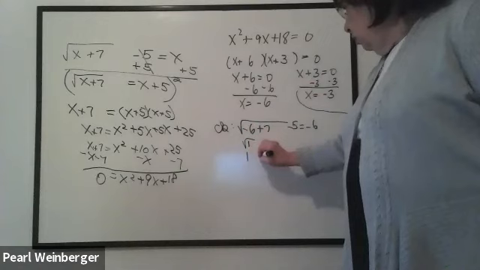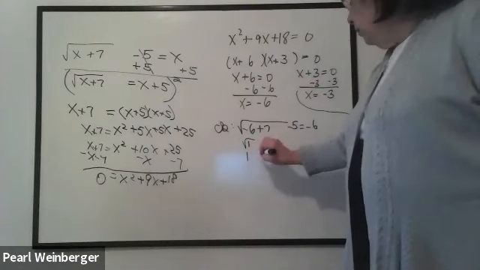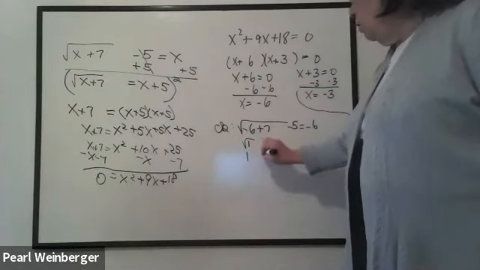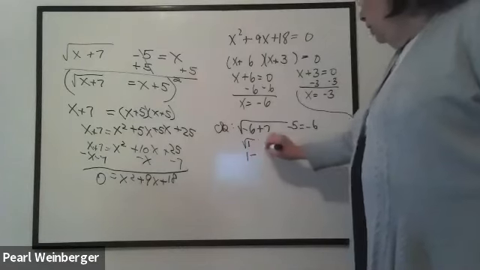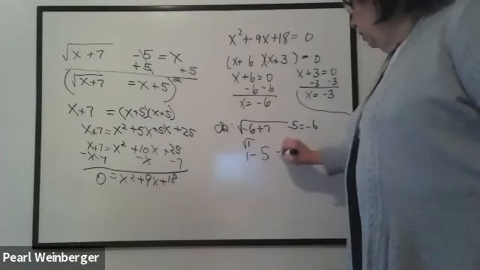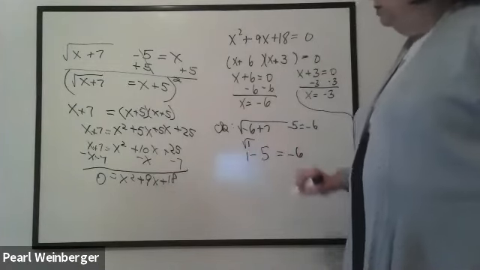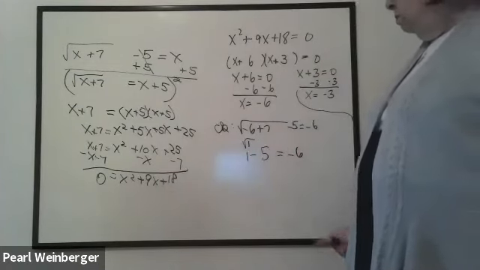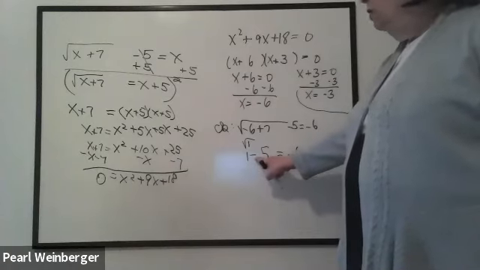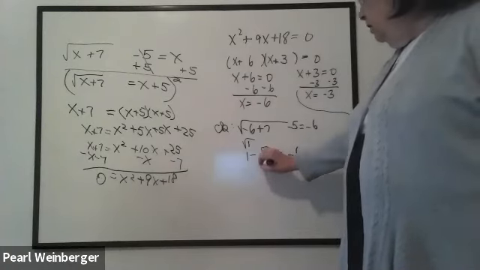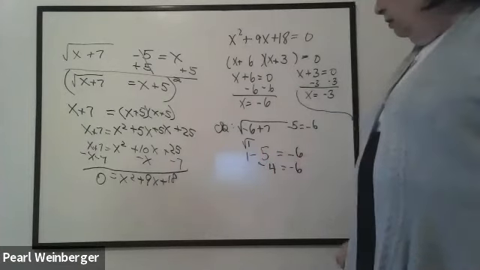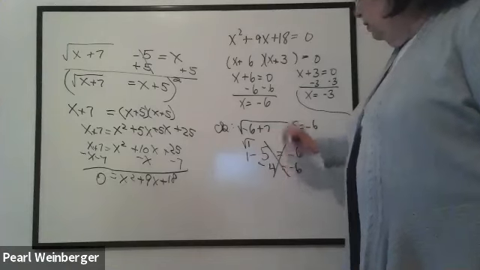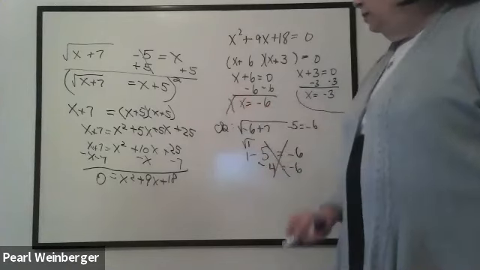So I have 1 minus 5 equals negative 6. And this is negative 4 on this side and negative 6 on this side. They're obviously not equal. This answer is no good.